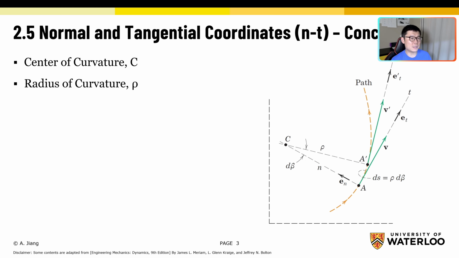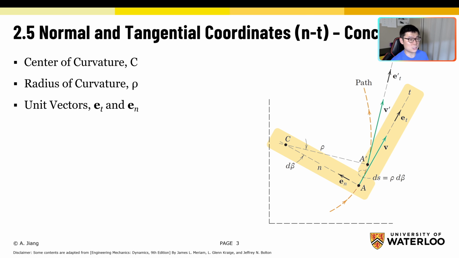For any curvilinear motion, the object will move with the path, and the path will have a center of curvature C and a radius of curvature ρ. Connecting any 2 points along the path to the center of the curvature, we can have the normal direction. And then we'll draw a perpendicular line to the normal direction.